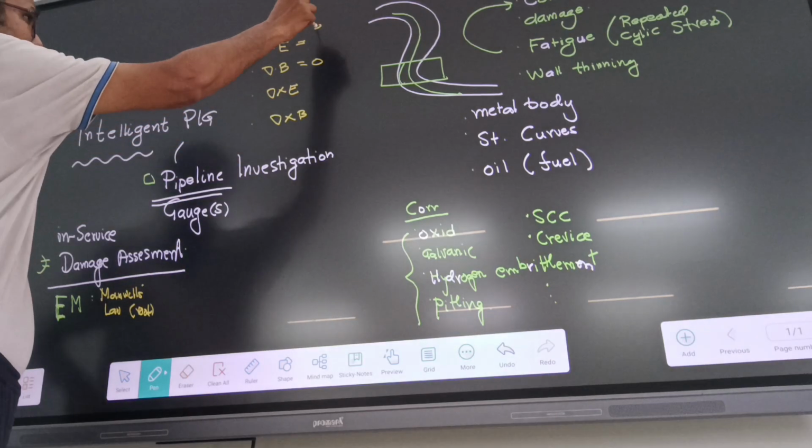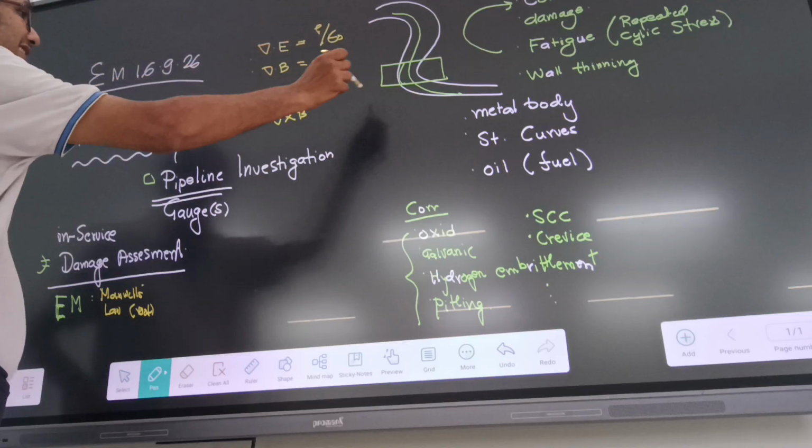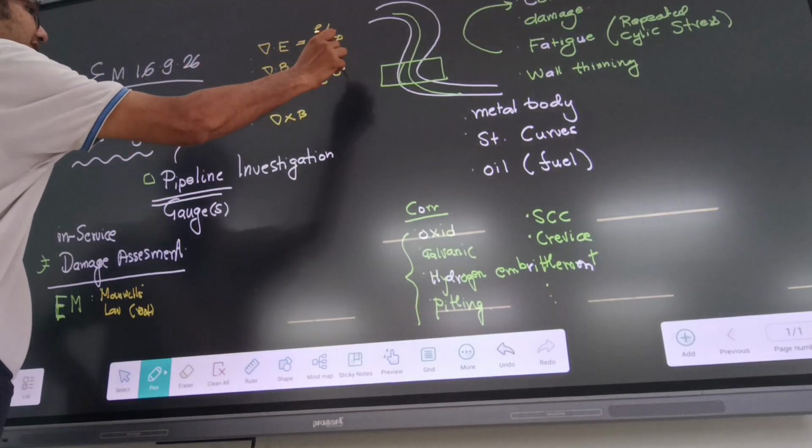Gauss's law of electricity, charge density. This is Faraday's law.